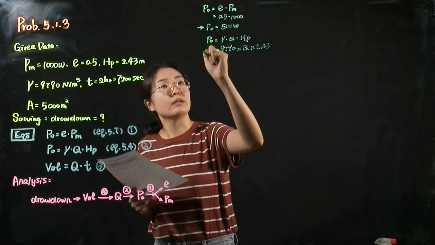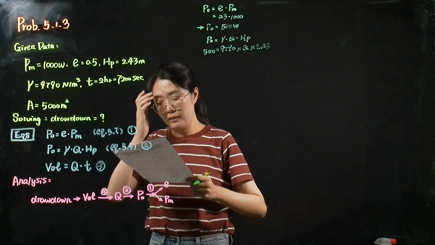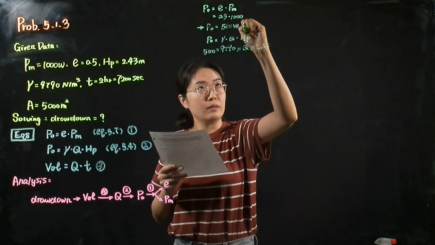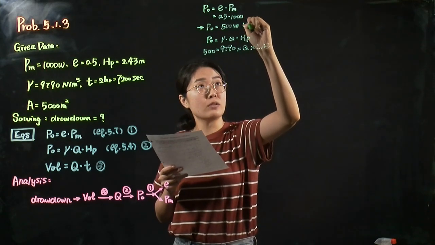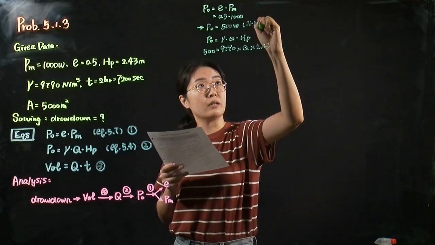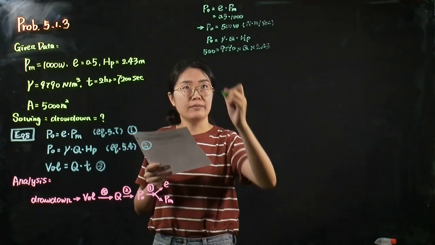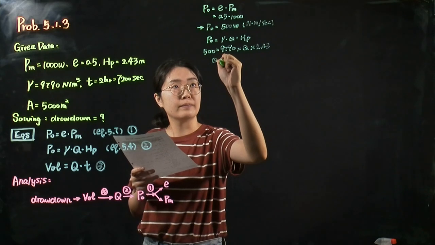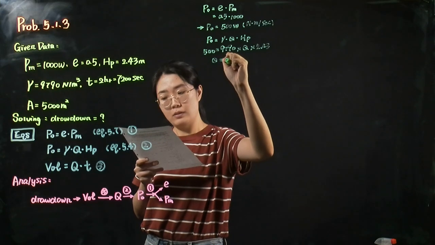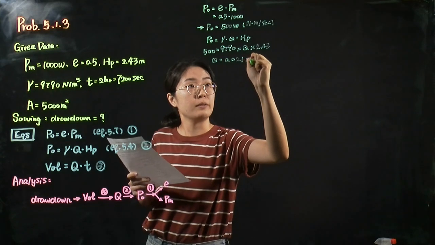The output power is 500 watts. Its unit can also be represented by Newton times meter per second. Then we can get the value of the flow rate. It equals 0.021 cubic meters per second.